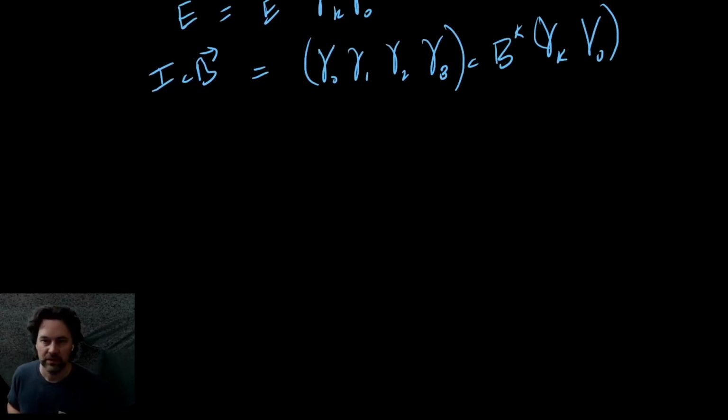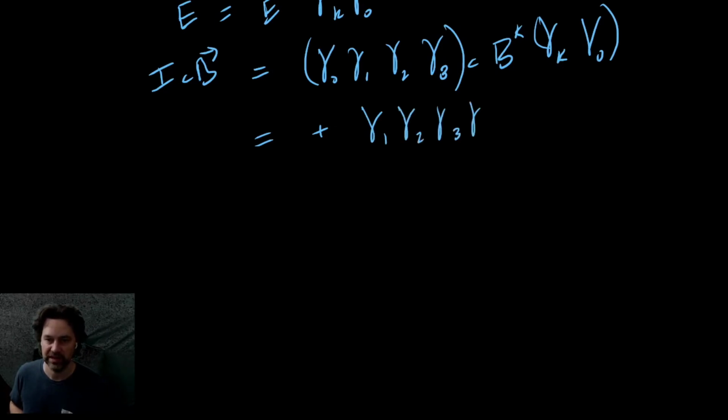Now, let's commute our gamma^0 all the way to the beginning to wipe out this gamma^0. So if we do that, flip sign, minus, plus, minus, plus, with plus gamma^0 squared, which is 1, times gamma^1, times gamma^2, times gamma^3, times gamma^K, all times c, times B^K.